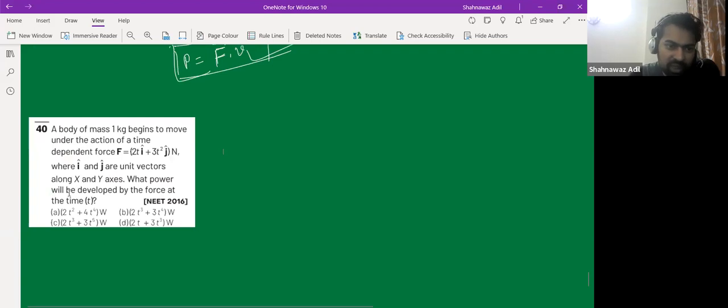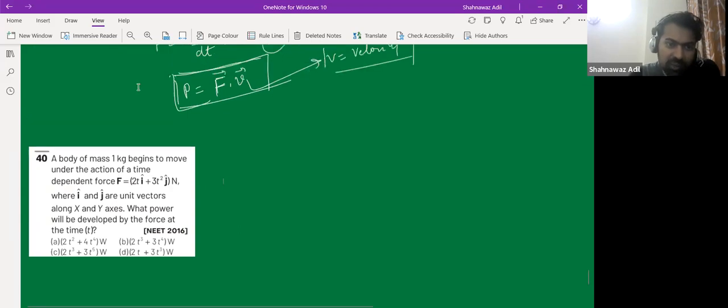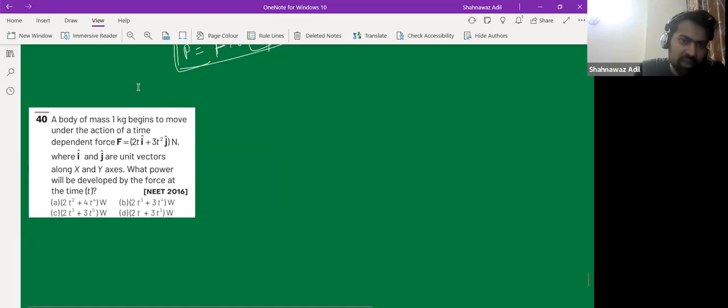What power will be developed by the force at the time t? So we have to find out, right, the power here, of mass 1 kg.